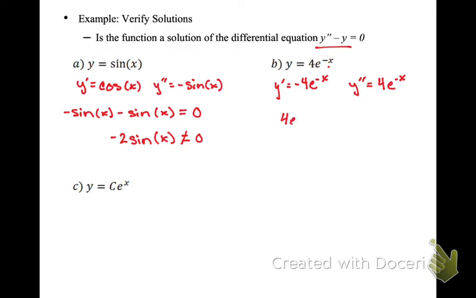So I have 4 e to the negative x minus 4 e to the negative x. And does that equal 0? Yes. So 0 equals 0. So y is a solution, yes? Yes. So if they are not equal, y is not a solution. And if they are equal, y is a solution.